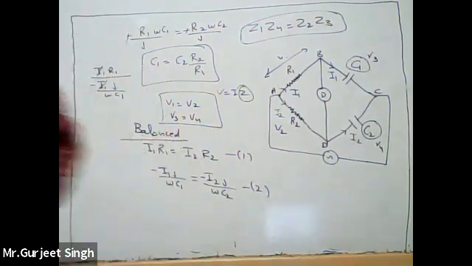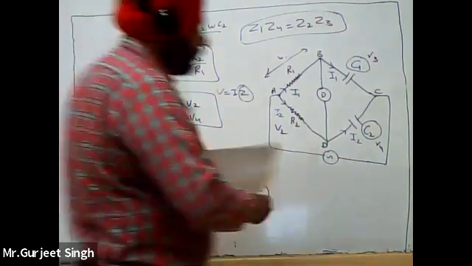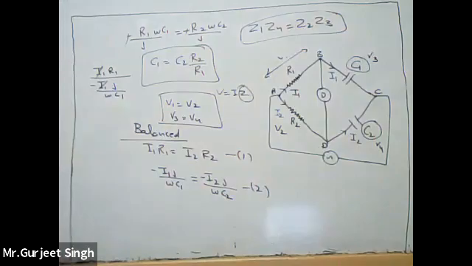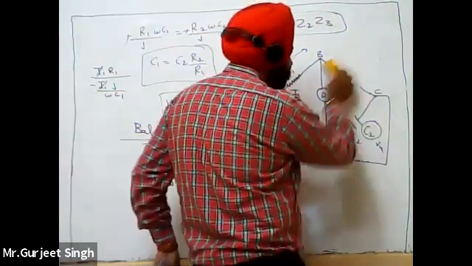To overcome this drawback, we use the modified Schering bridge. So what is the modified Schering bridge? In the modified Schering bridge, we have modified these two arms.